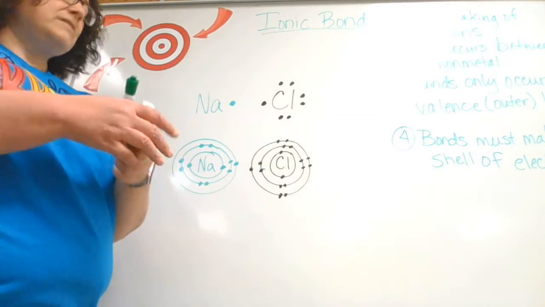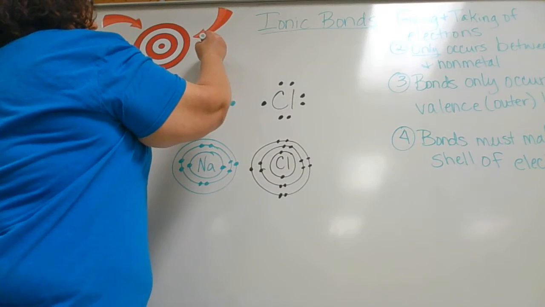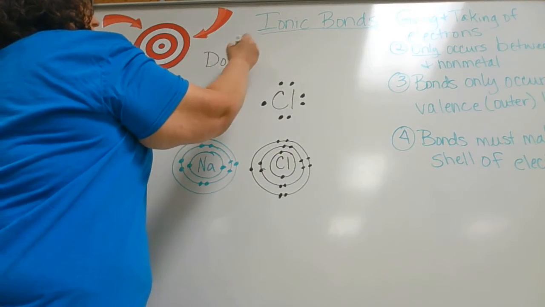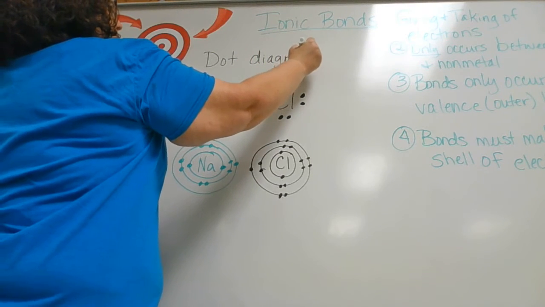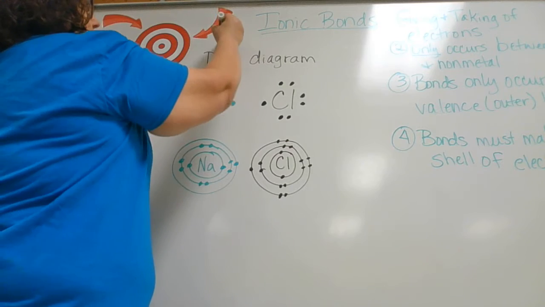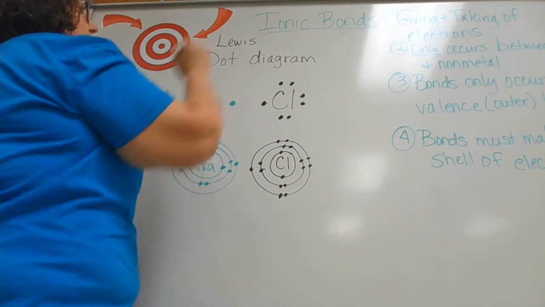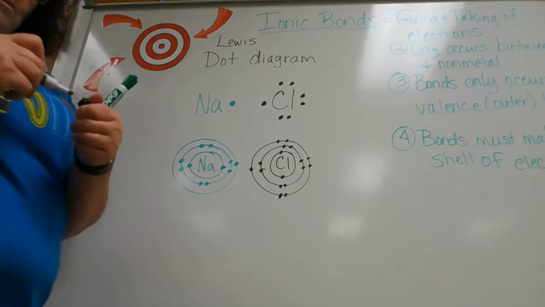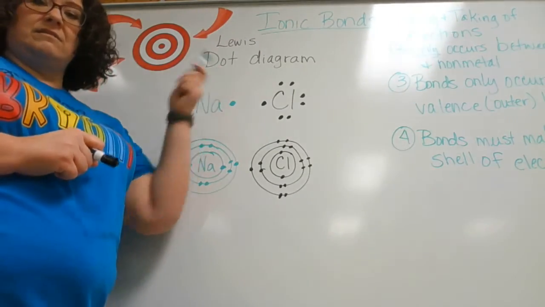This is called an electron dot diagram, or just dot diagram. Okay, they were actually founded by this guy named Lewis. So sometimes you'll see him referred to as the Lewis dot diagram.